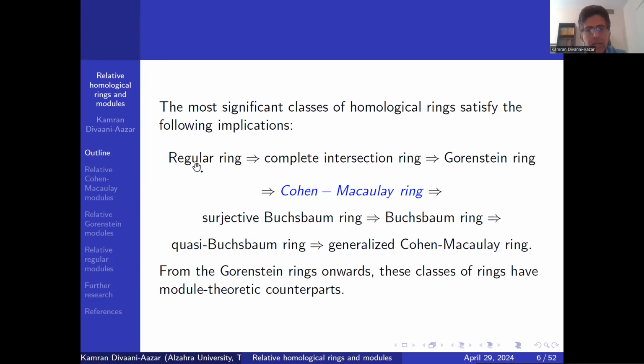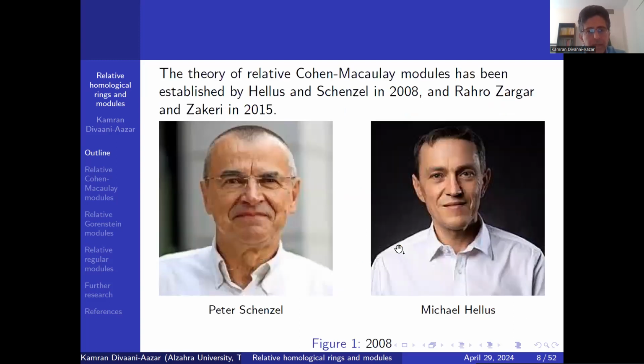But for the types of homological rings that are above Cohen-Macaulay rings, in another research work with Ahad Rahimi and Paysapur Qobadian, we established the relative counterparts of these three types of homological rings and modules. In this talk, I mostly focus on this type of relative homological modules.